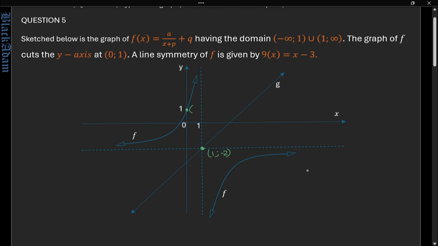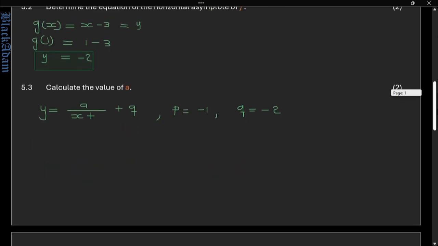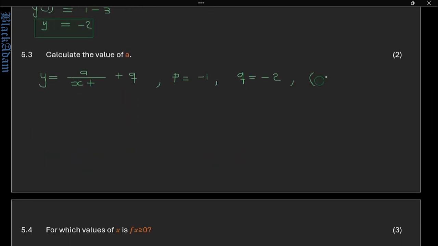So the point there, where x is 0, y is 1. So we're going to use that point. x is 0, y is equal to 1.